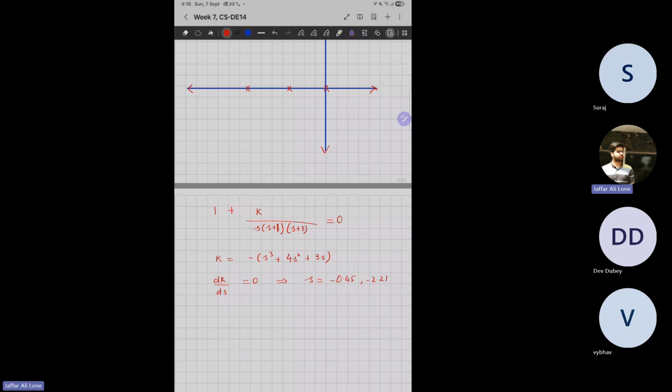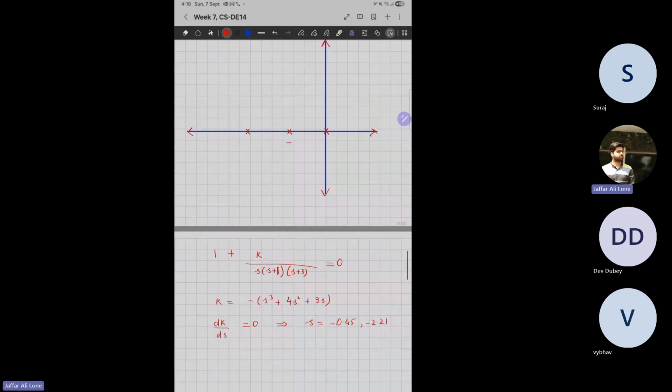So we see this is -1, this is 0, this is -3. This part is not a valid part of root locus, so minus 2.21 is not a valid breakpoint, so I will go with minus 0.45.